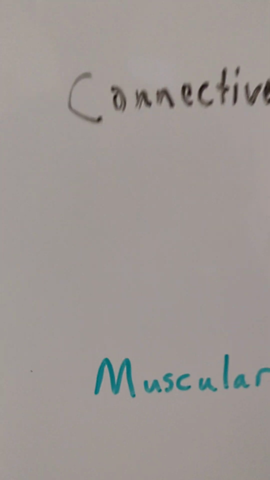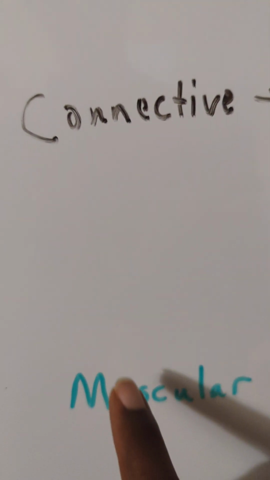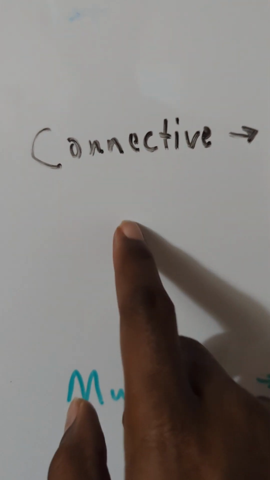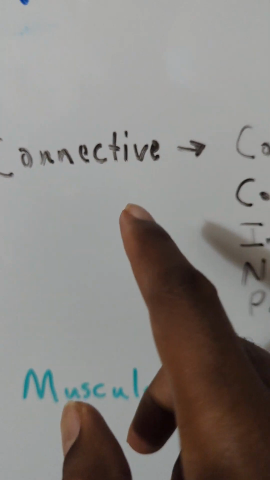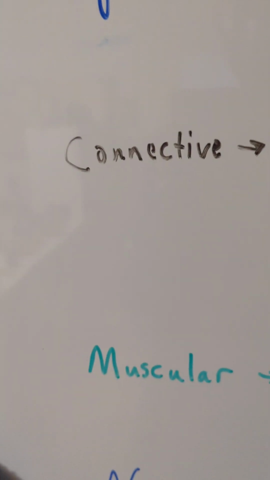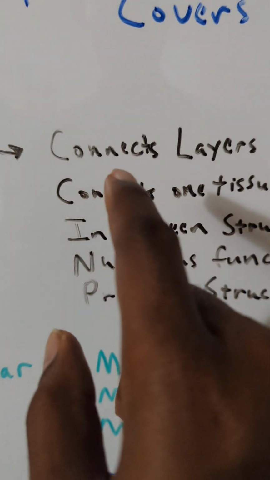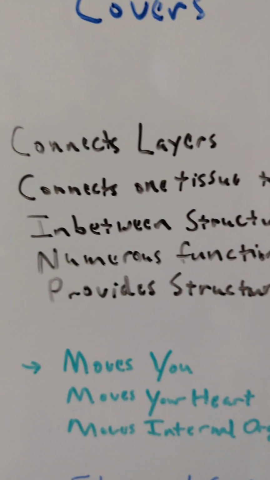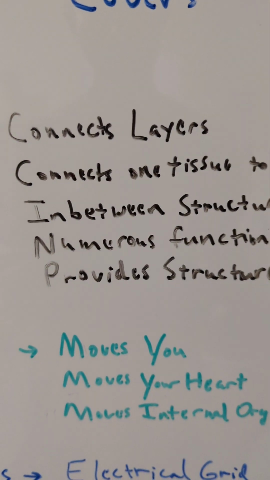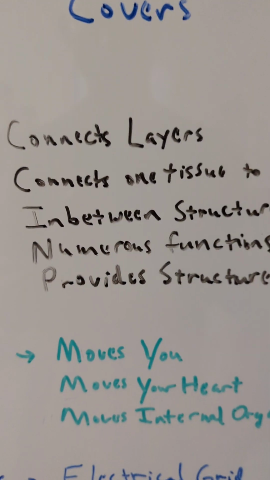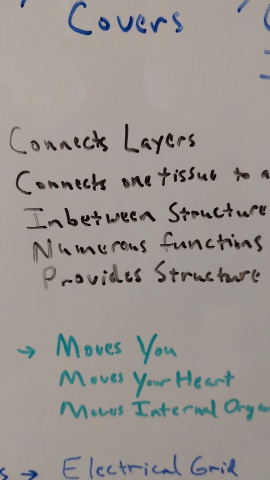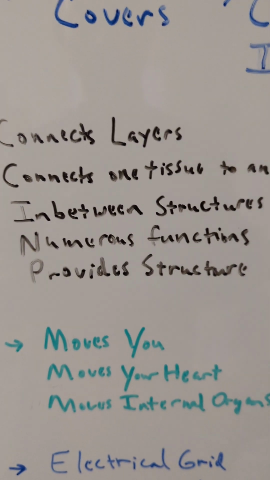Now, moving right along, let's talk about connective tissue. Connective tissue is totally different from epithelial tissue. Connective tissue likes to connect layers of things to other things. That's why you use connective tissue in your skin, because your skin comes in layers and it interconnects those layers to other layers of tissue.